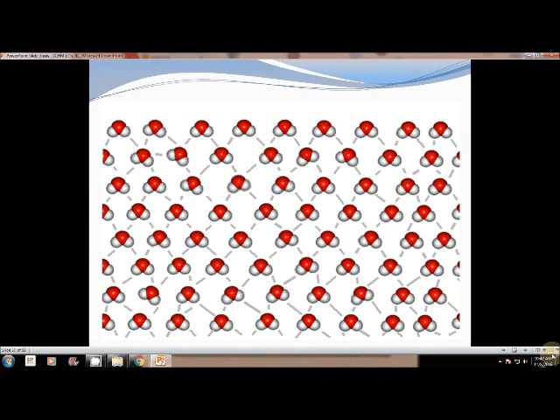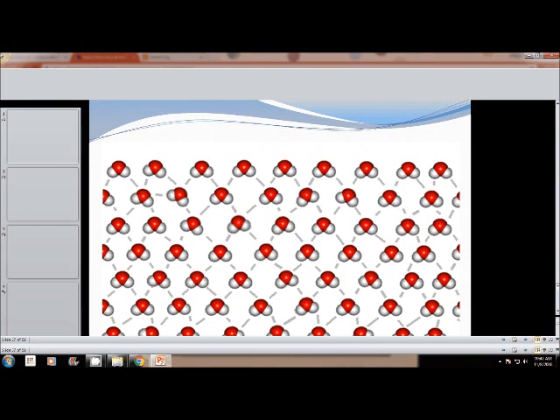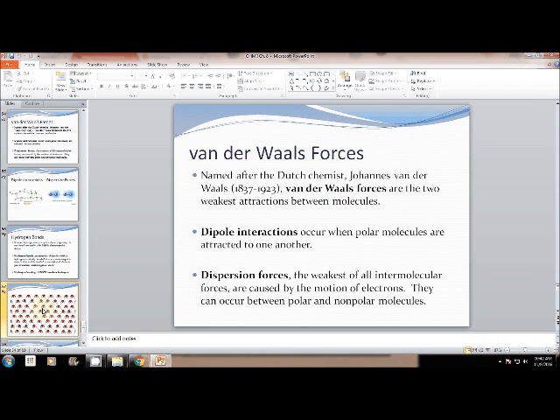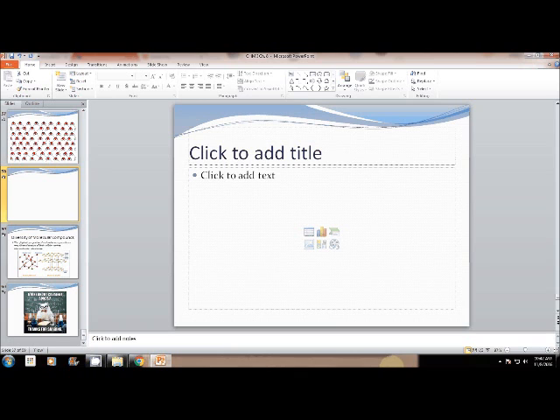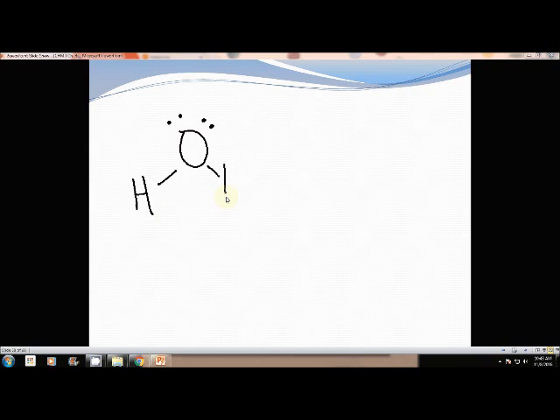Let me get a new slide so that I can draw this better for you. Okay, so bear with me. If we had a water molecule, and we've drawn this Lewis structure a million times, with a water molecule, oxygen has 4 electrons left, and then the 2 hydrogens connected.